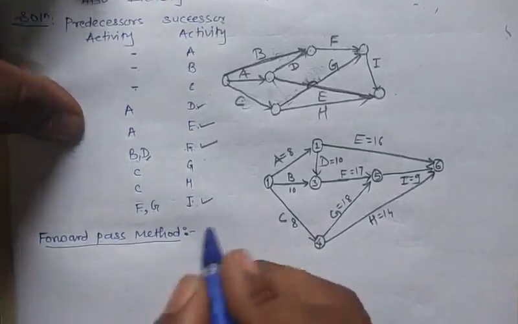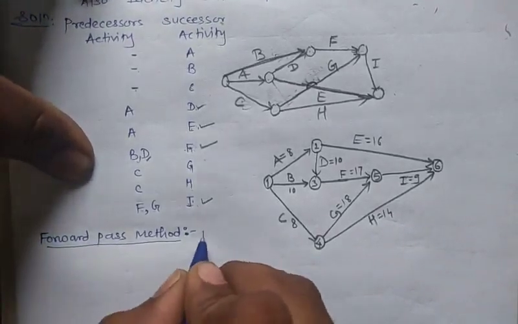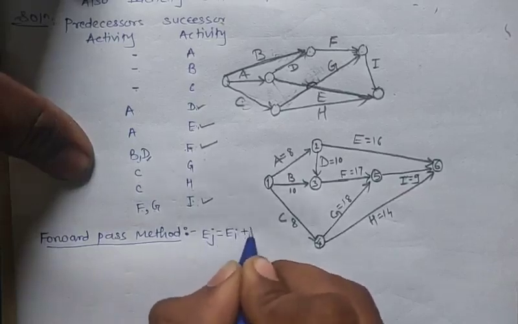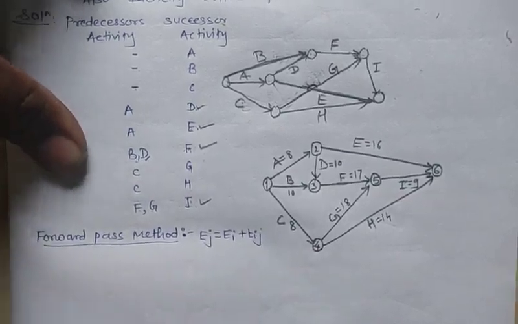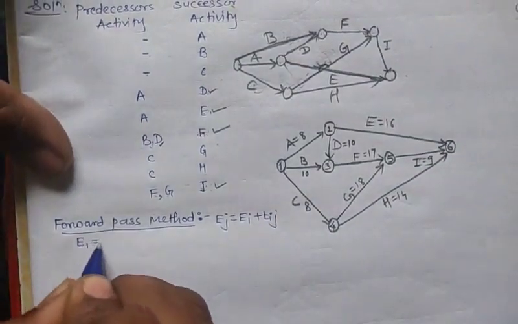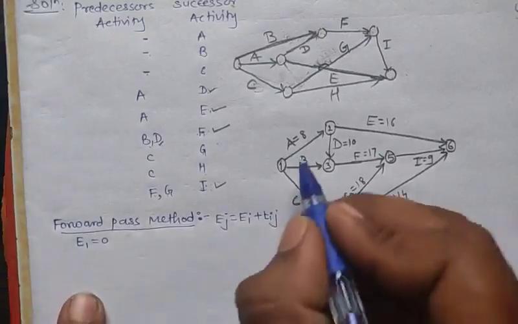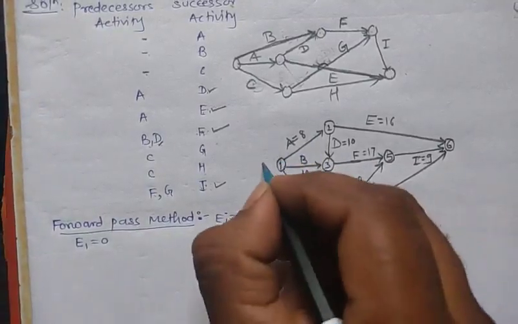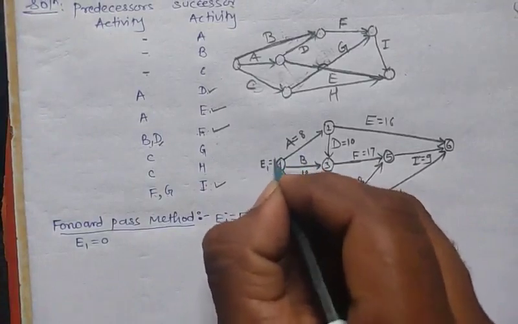What is the formula? The formula is Ej equals Ei plus Tij. So the first initial condition is to take E1 equal to 0. So here is E1, which is equal to 0.